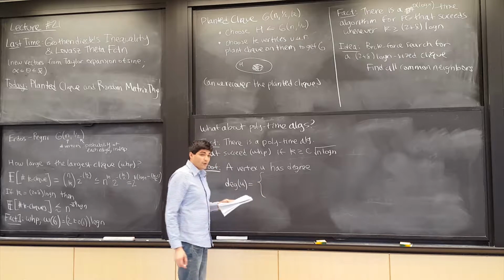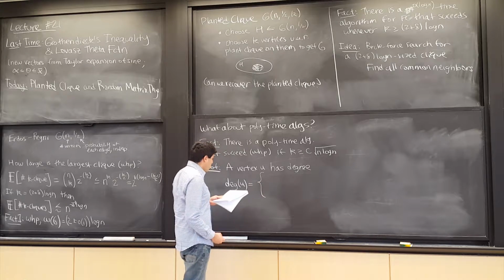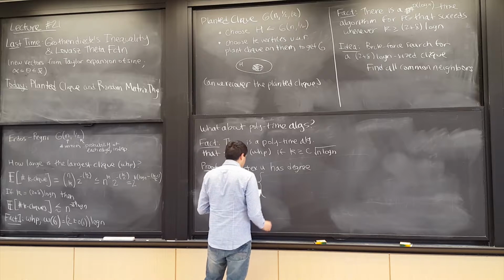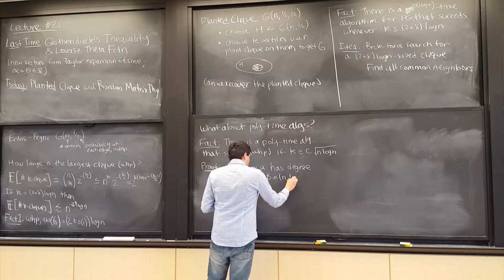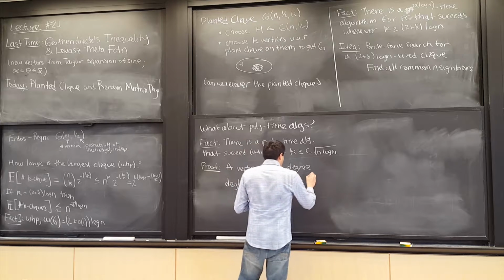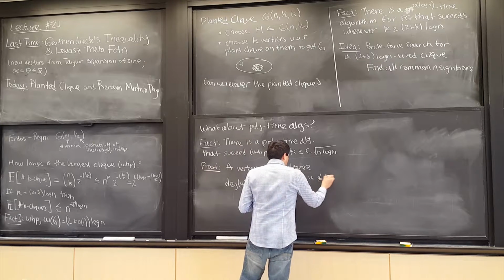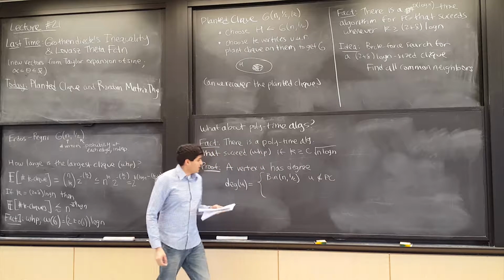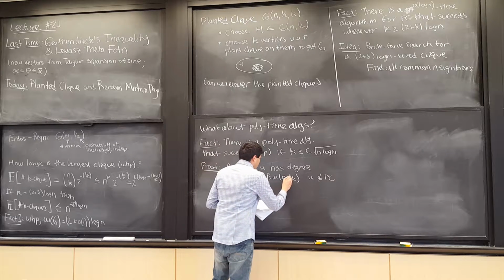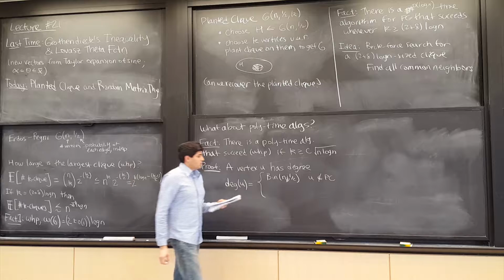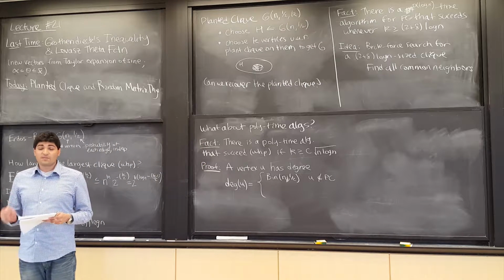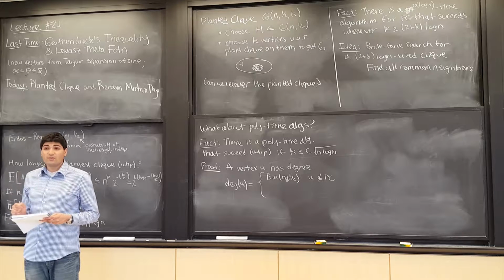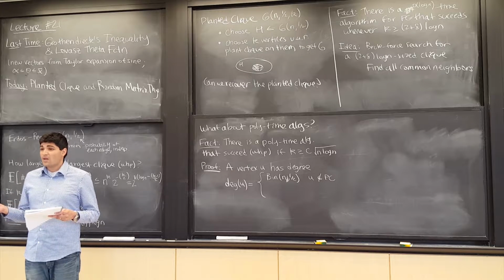But what I claim is that in two different cases, we can think about them as being random variables with different expectations. In the case where u is not in the planted clique, his degree distribution is just a binomial random variable: you take n minus 1 flips of a coin, which are each 50-50, and then you add them up.